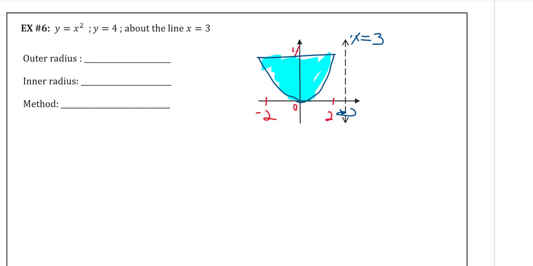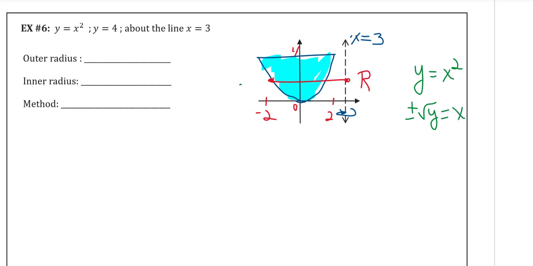And so now we have to find our two radii. So the long radius is going to be clear from this side of the curve over to the axis of revolution. There's our capital R. So first thing we should do is think about what this equation looks like if it's solved for x. So it's going to be plus or minus the square root of y equals x.